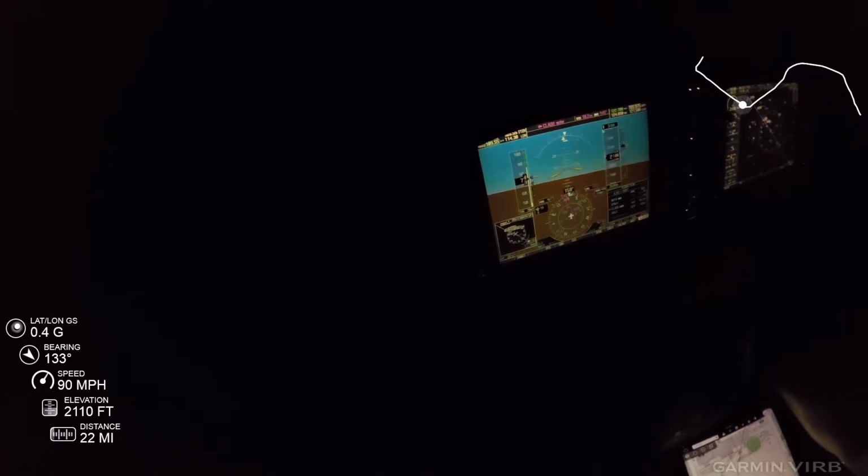You can level over 2,800. 2,800. Skyventures 220, climb attain 2,800. 2,800. Skyventures 220, say intentions. Head to Leesburg.